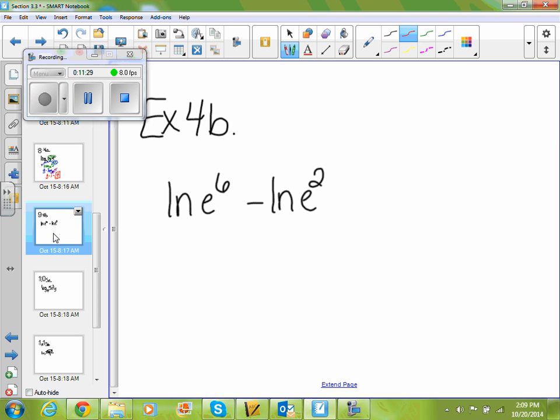So if we do another one, natural log of e to the 6th power minus natural log of e to the 2nd power. Okay, I know that I can roll these exponents down to the front. So I'll get 6 times natural log of e minus 2 times natural log of e.